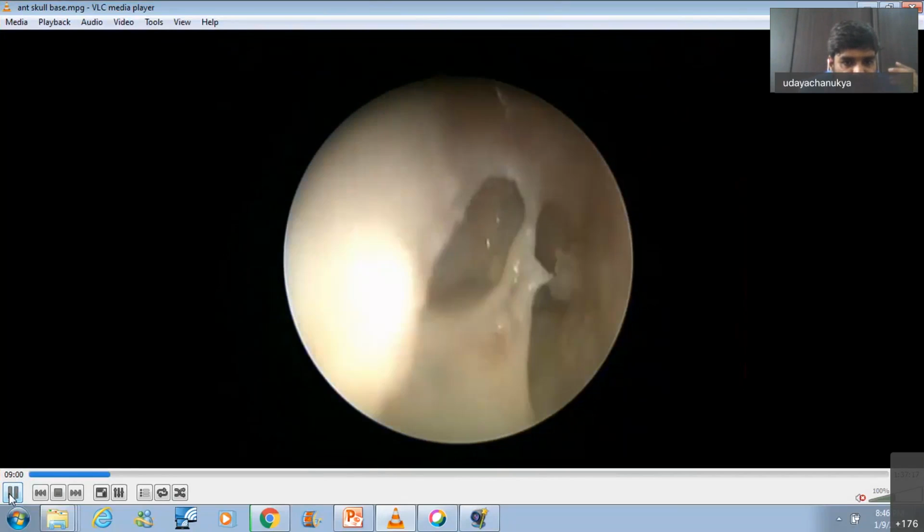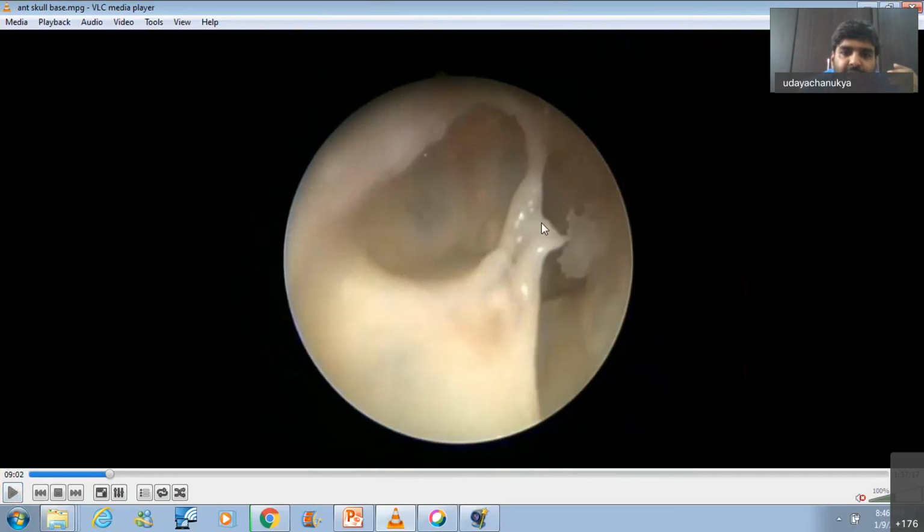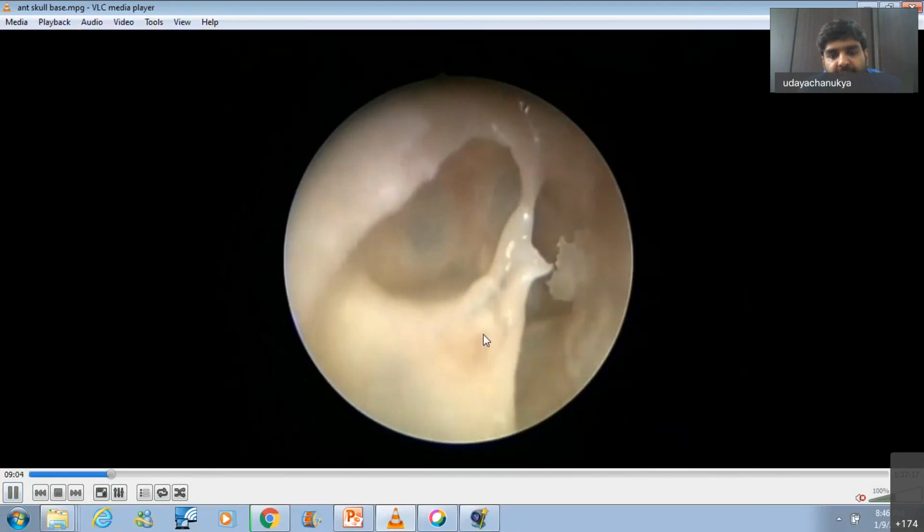This is a 70-degree view, and this is the attachment of the uncinate, and this is the agger nasi cell. Remember, the bigger the agger nasi, the more posterior the frontal recess will be. In this video also, this agger nasi has pushed the drainage of the frontal sinus posteriorly. This is the attachment of the uncinate.